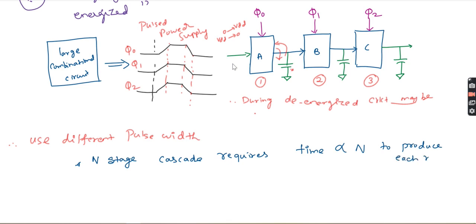Producing each result means the latency is proportional to n and the throughput is inversely proportional to n.